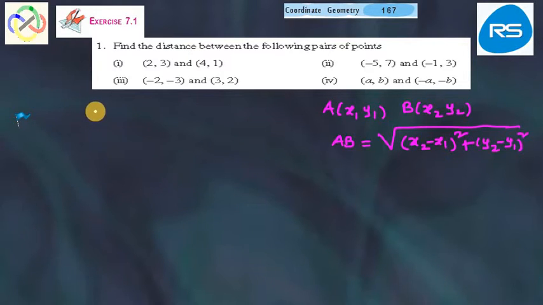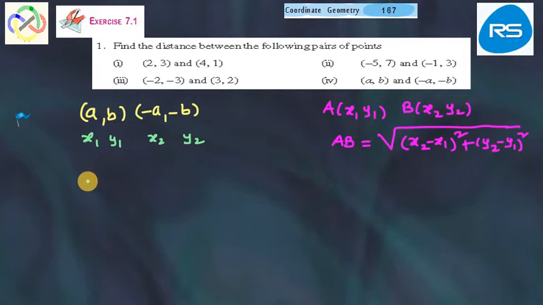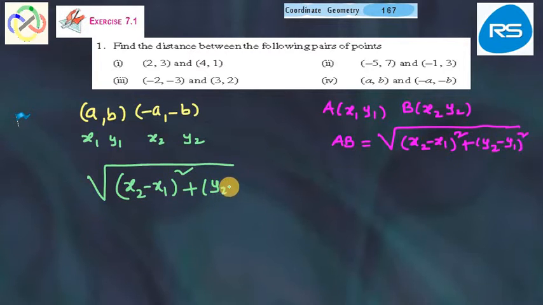In the last question, he has given the first point as a comma b, and minus a comma minus b. In the same way, represent them with x1, y1 and x2, y2 and substitute in the formula. The formula is the difference between x coordinates square plus the difference between y coordinates square.